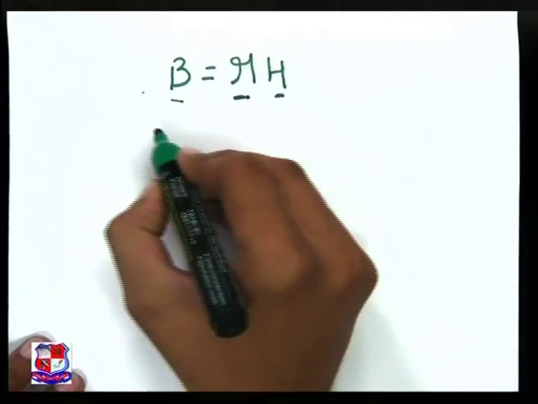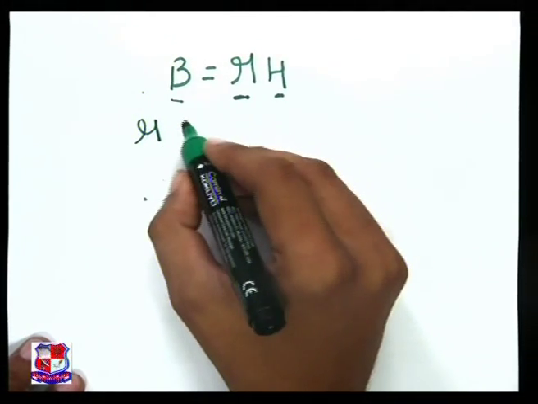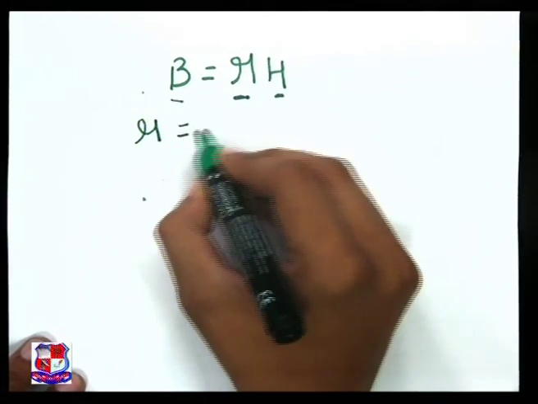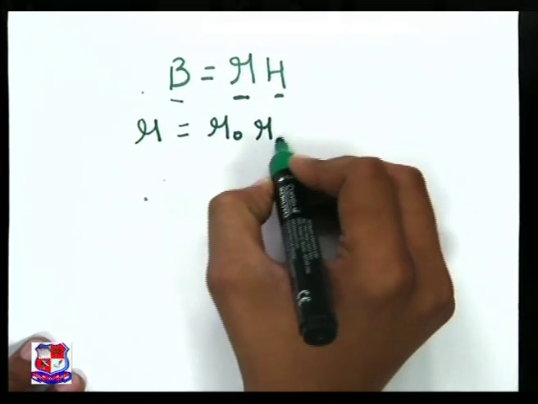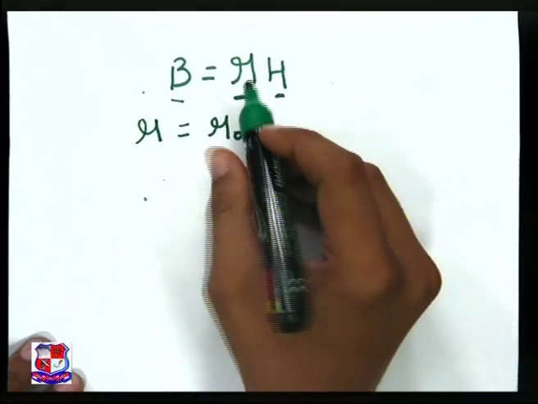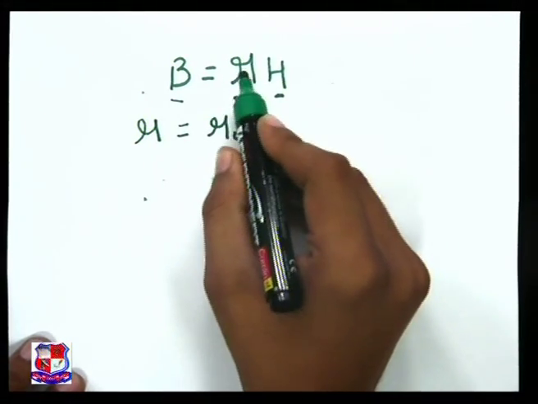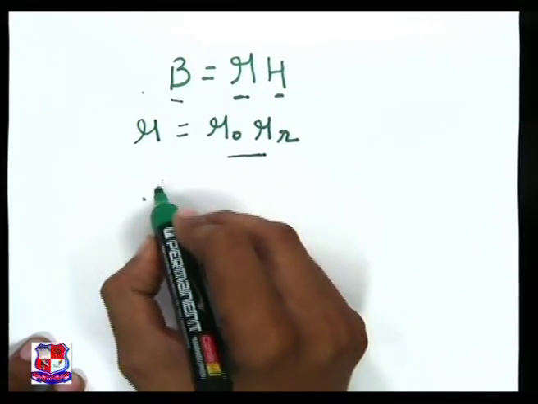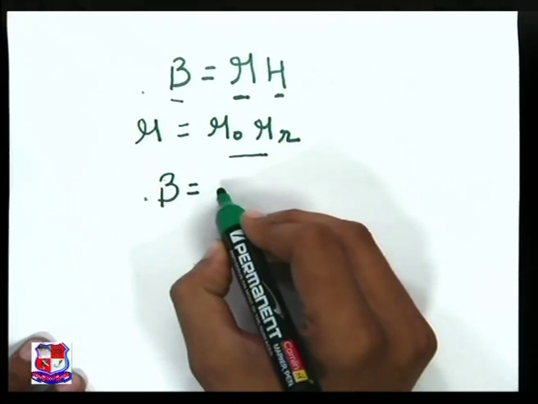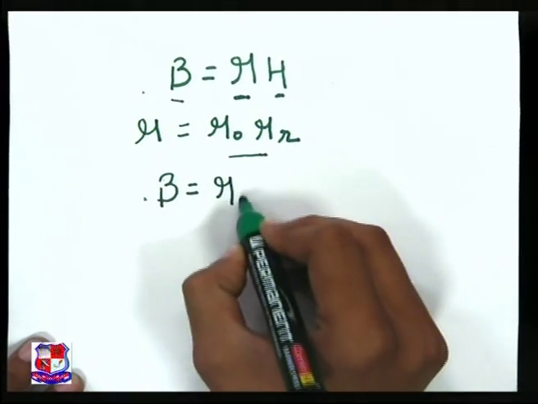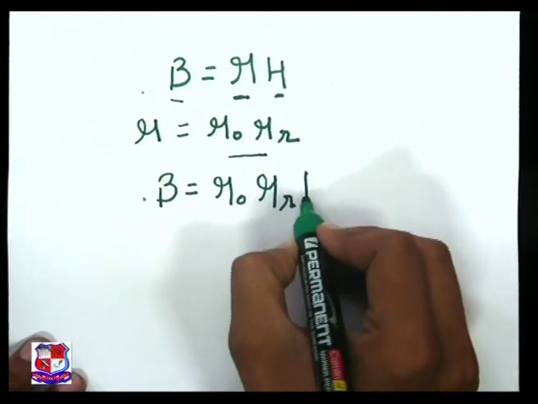Let us write one more equation. Mu, the permeability, is equal to mu 0 into mu r. If I substitute this value in the above equation, we can write B is equal to mu 0 into mu r into H.